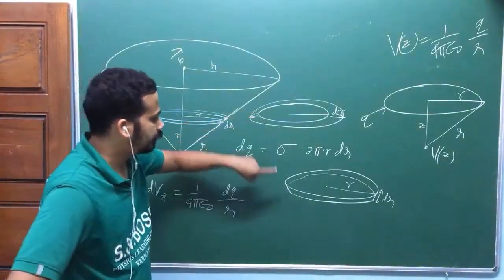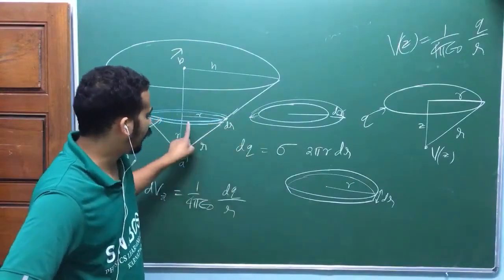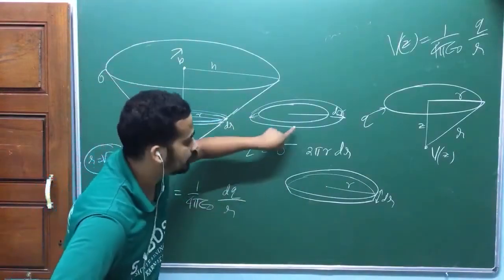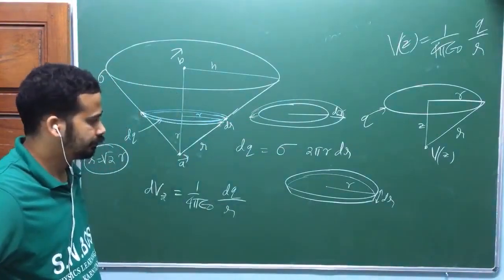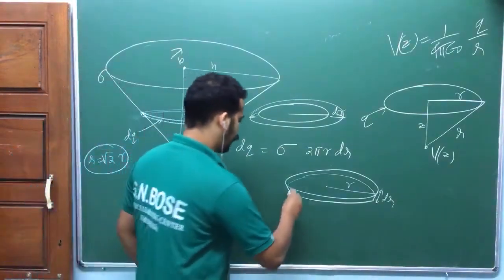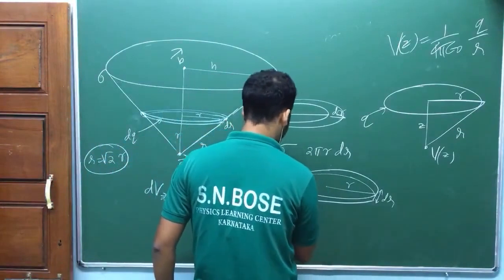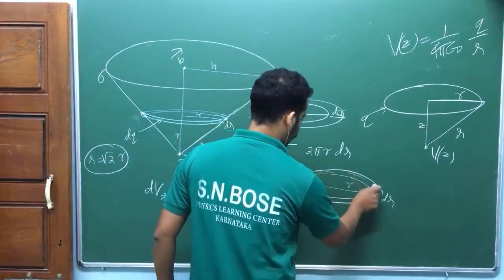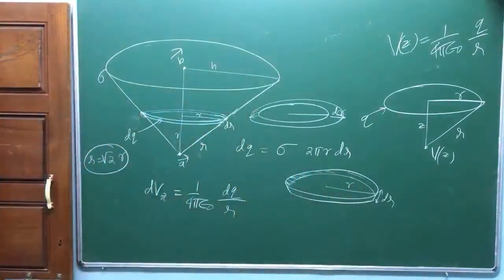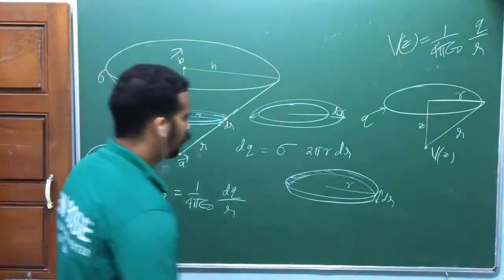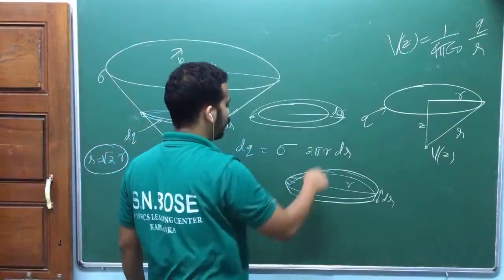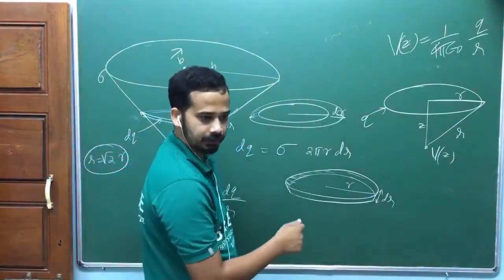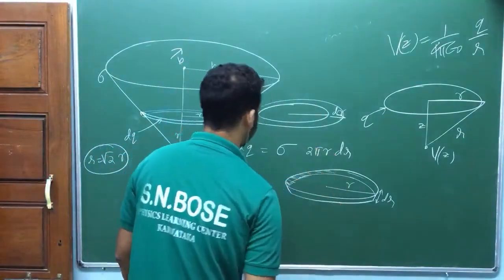Can you grab the difference between these two? Whatever we have here is this one, not this one. This is a portion of a ring, a ring kind of thing.